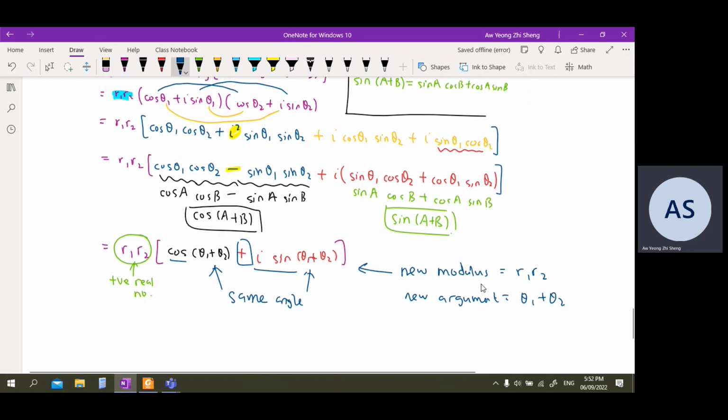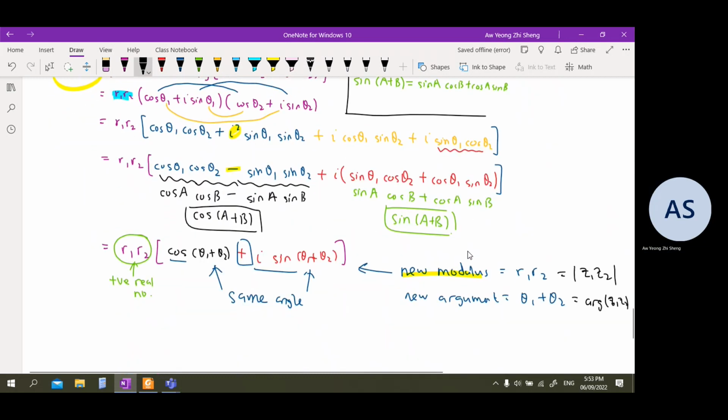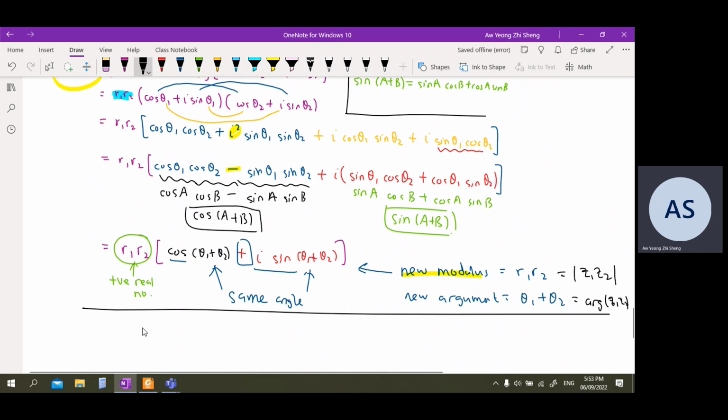But what is actually your new modulus here? On the left of your equation, at the very top left corner, it is Z1 Z2. So the new modulus is actually the modulus of Z1 Z2, and the new argument is actually the argument of Z1 Z2. As a summary, if the modulus of Z1 is R1 and the modulus of Z2 is R2, then the modulus of Z1 Z2 is simply R1 R2.